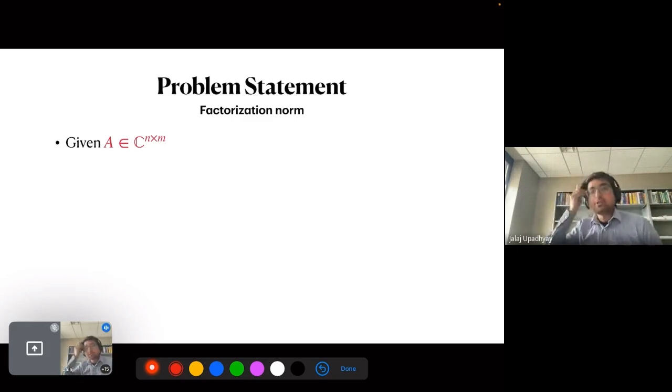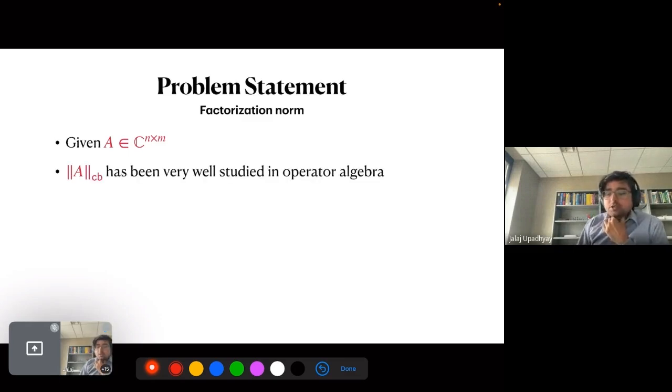So the results about these norms will also extend to complex matrices. If you're thinking about a complex n by m matrix, the CB norm, the completely bounded spectral norm, is very well studied.